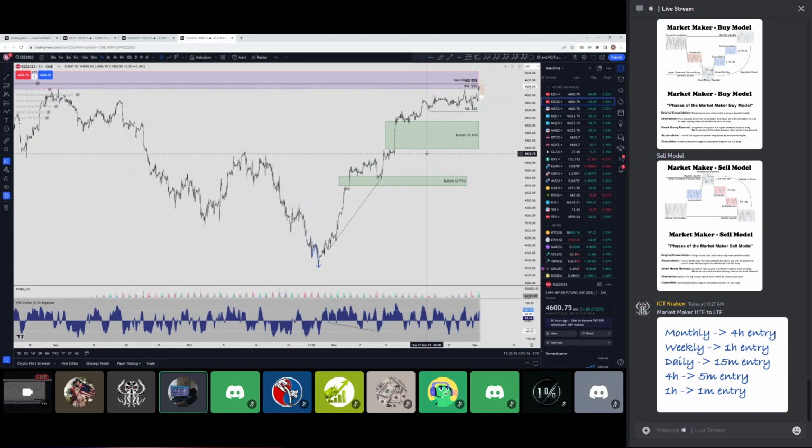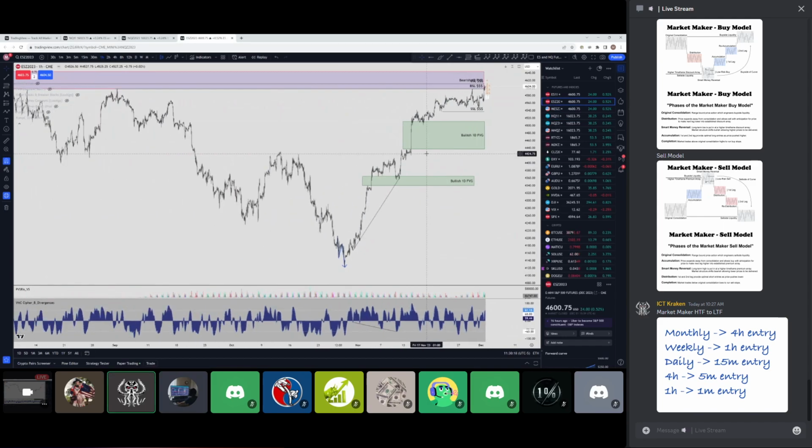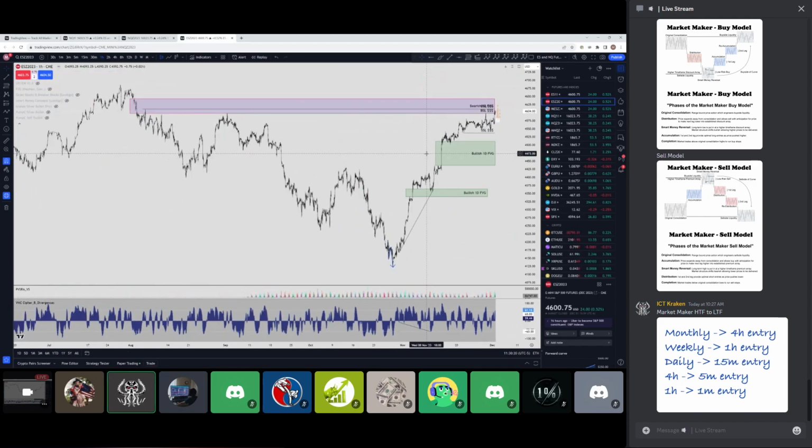You are always in one, and it may not be in the time frame that you're in. Just like this, okay? You're on a 1 hour market maker model right here. That's in 1 hour. Just look at that nice V from right there. That's going to be probably 3 or 4 market maker models on the 1 minute.